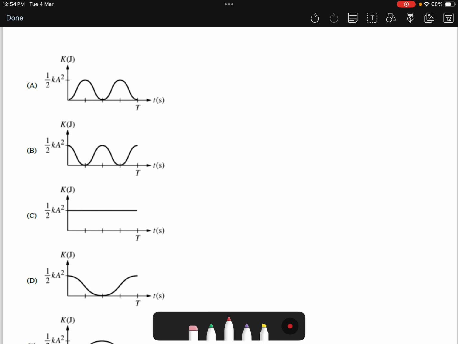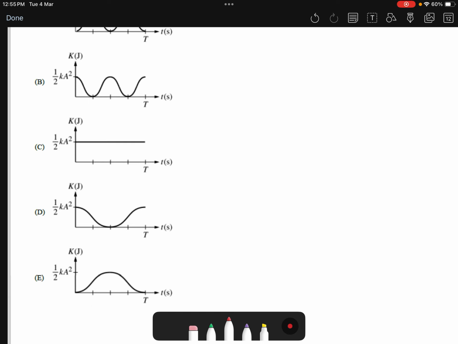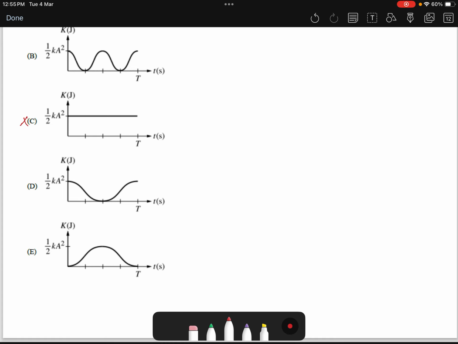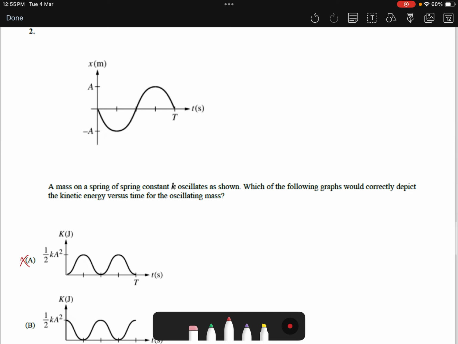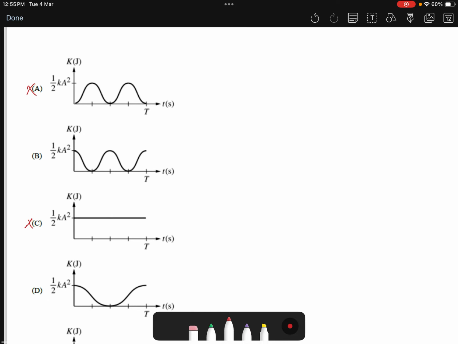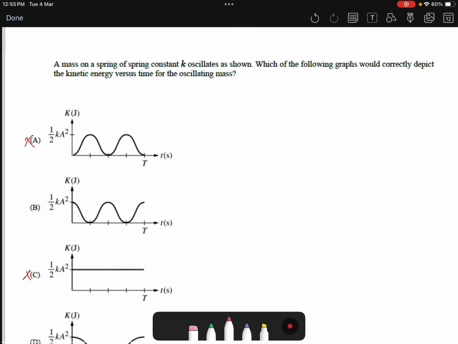So directly we cancel A, we cancel C because it's not changing, we cancel E because it's minimum at the beginning. But we know that at the beginning the kinetic energy should be max, right? So now we are stuck with B or D.